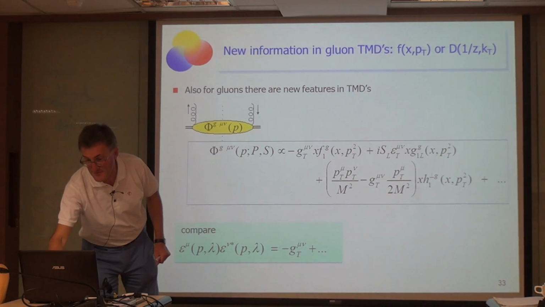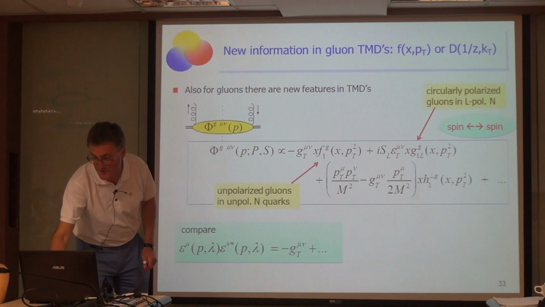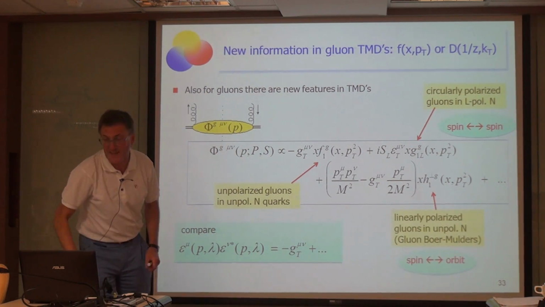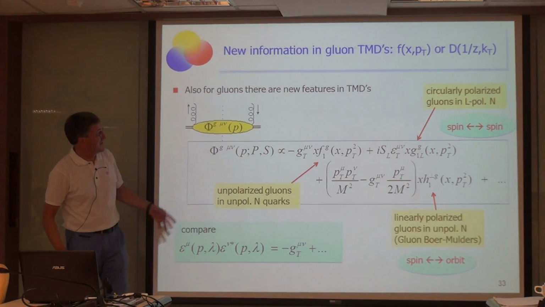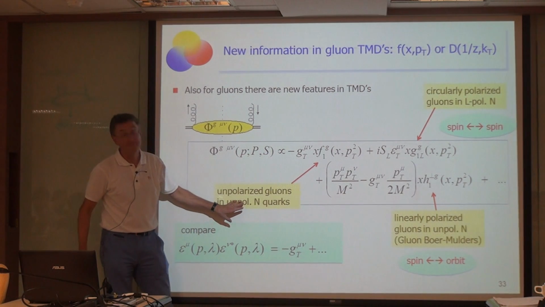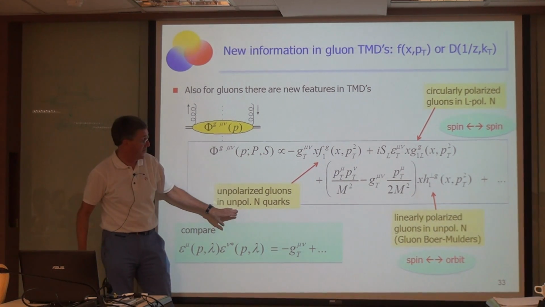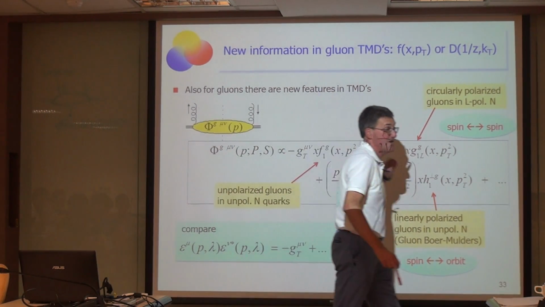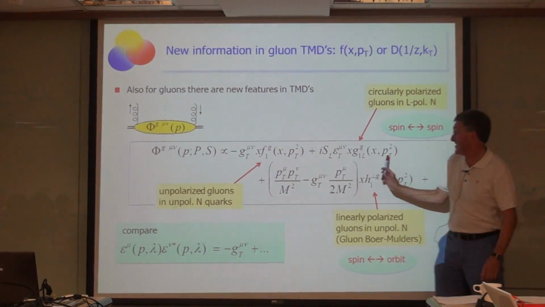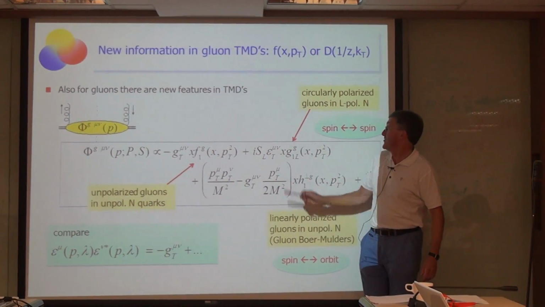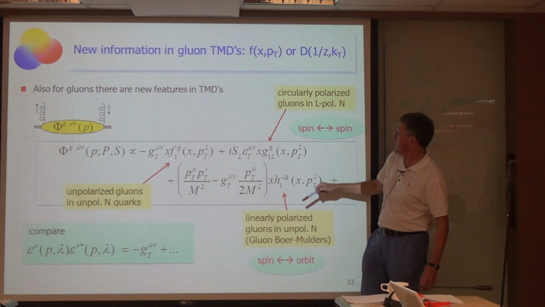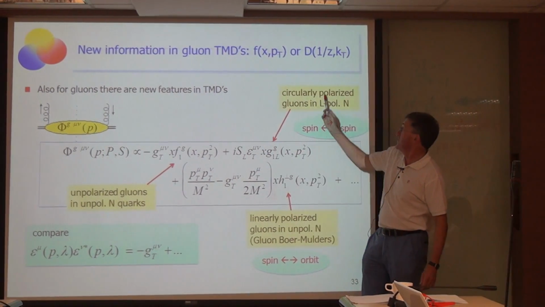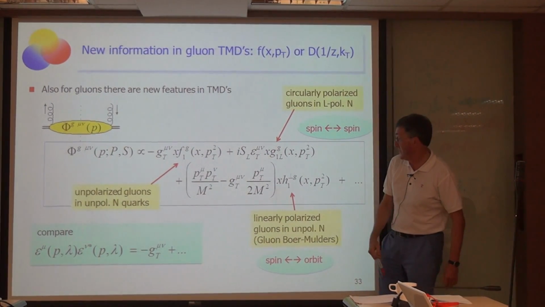So just from the structure, again, by comparing what you know from your textbook, these functions represent unpolarized gluons in an unpolarized nucleon. There's no S factor. Here there's a longitudinal, so these are in longitudinally polarized nucleons. It's an epsilon structure, which tells you it's circularly polarized.